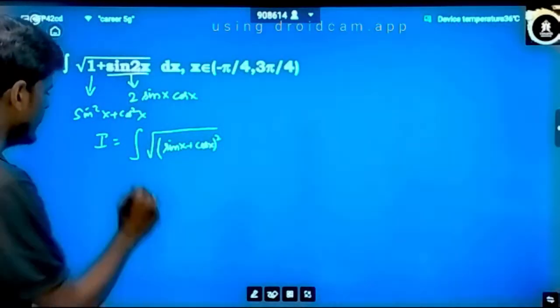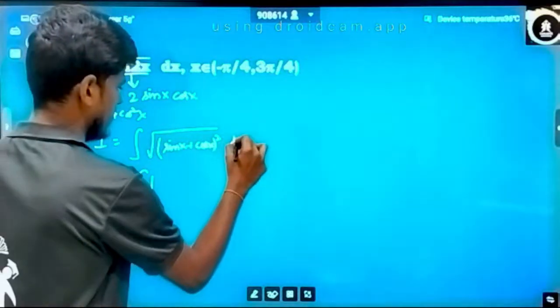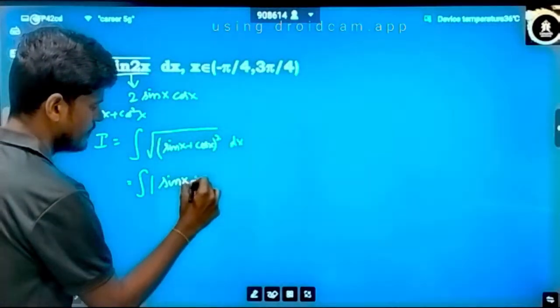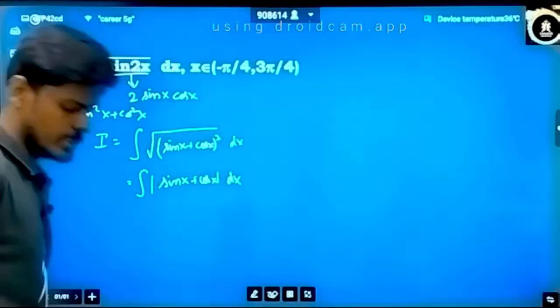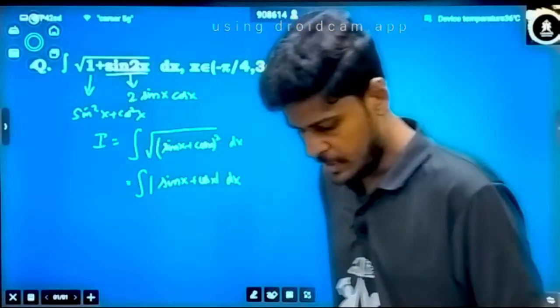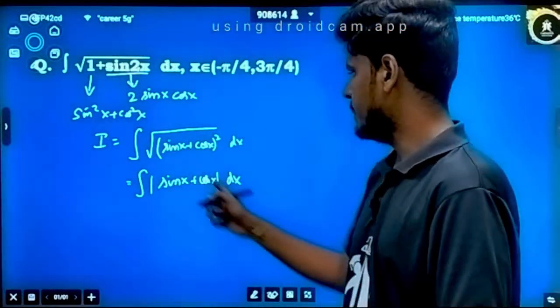Take modulus. The final answer is this is equal to integral of modulus of sin x plus cos x dx. Okay sir, now we don't know the integral of mod of this function. Then what we need to do? Try to break down mod. How can we break it down?